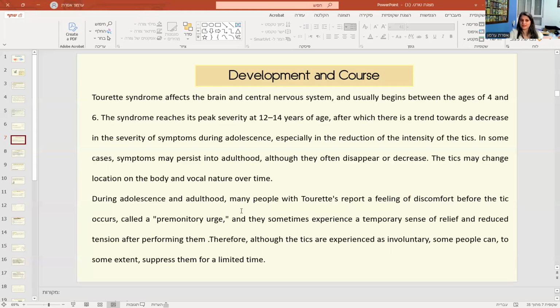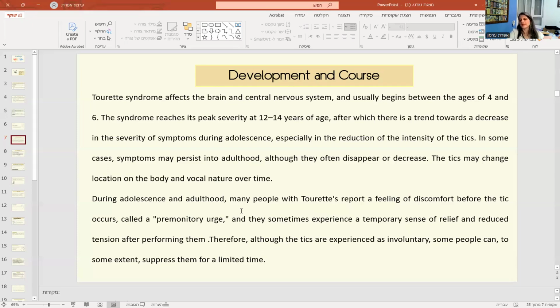In some cases, symptoms may persist into adulthood, although they often disappear or decrease. The tics may change location on the body and vocal nature over time.